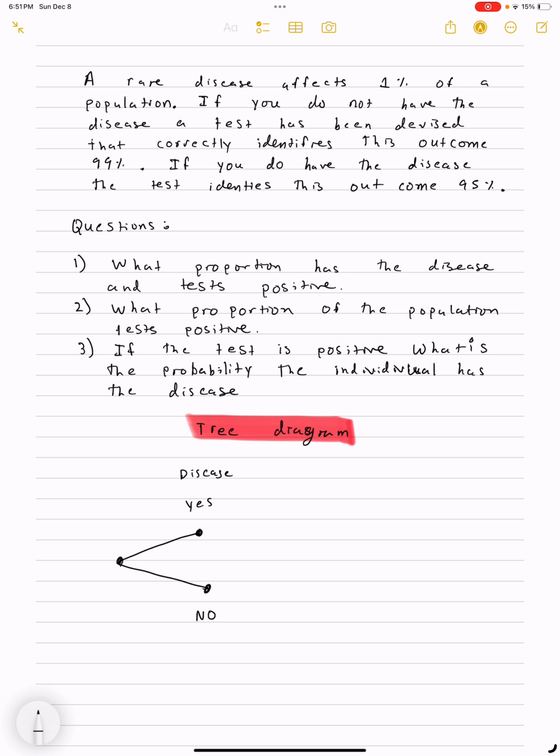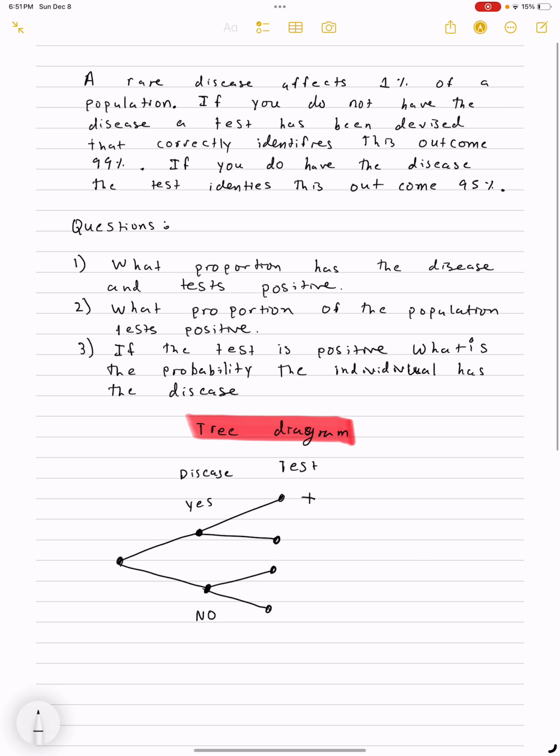Now, from here, we're going to branch out and have another two nodes. And these two nodes are going to be for the test. Okay, so we can test positive in each outcome.